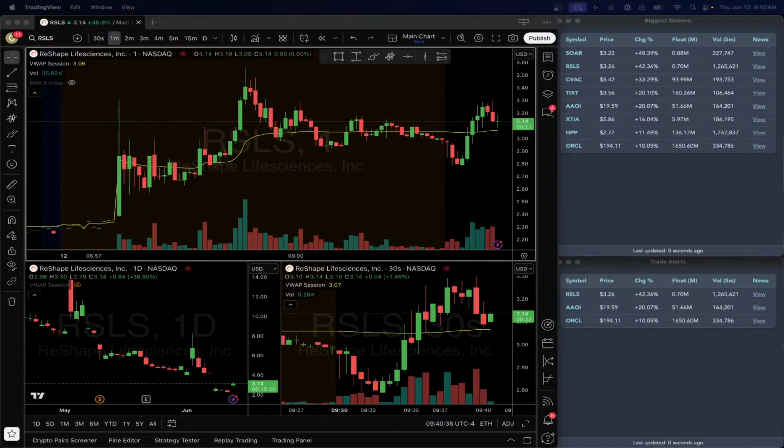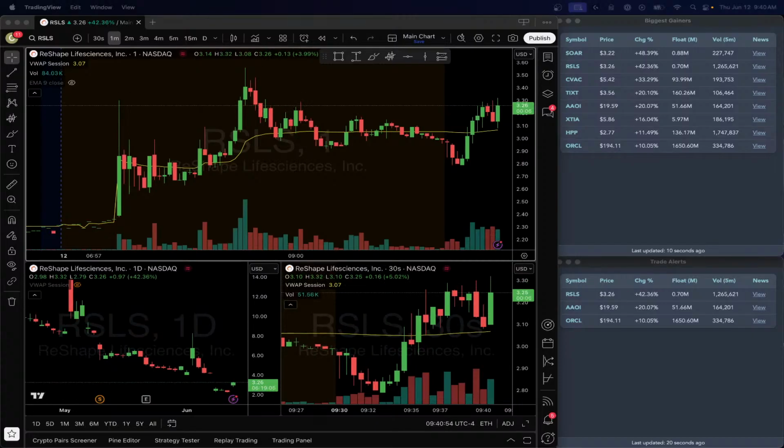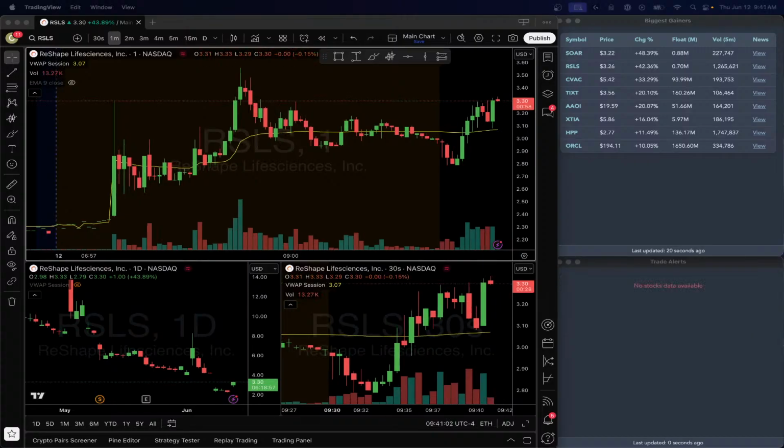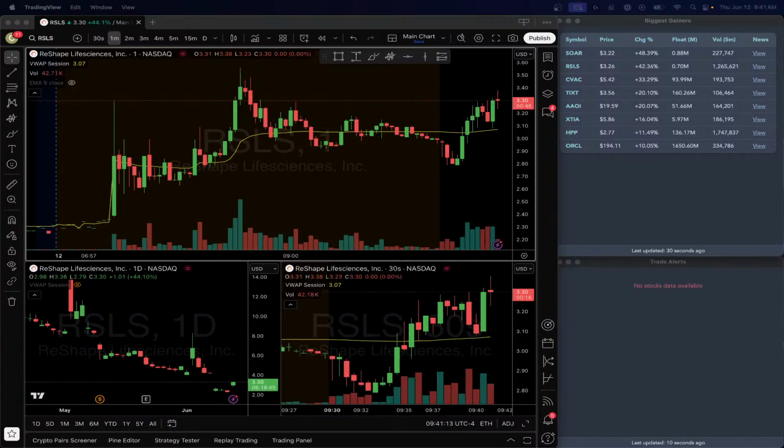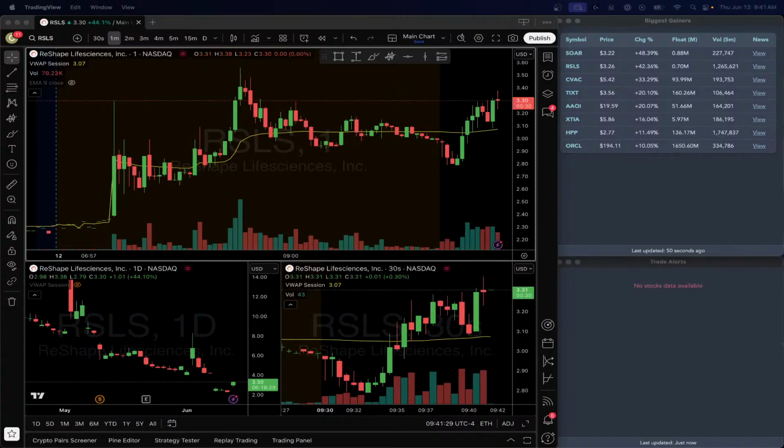We got AAOI. I'm in that AAOI. You can get in and then put a stop at the low, hopefully go for a continuation trade. Put my stop on RSLS to break even.